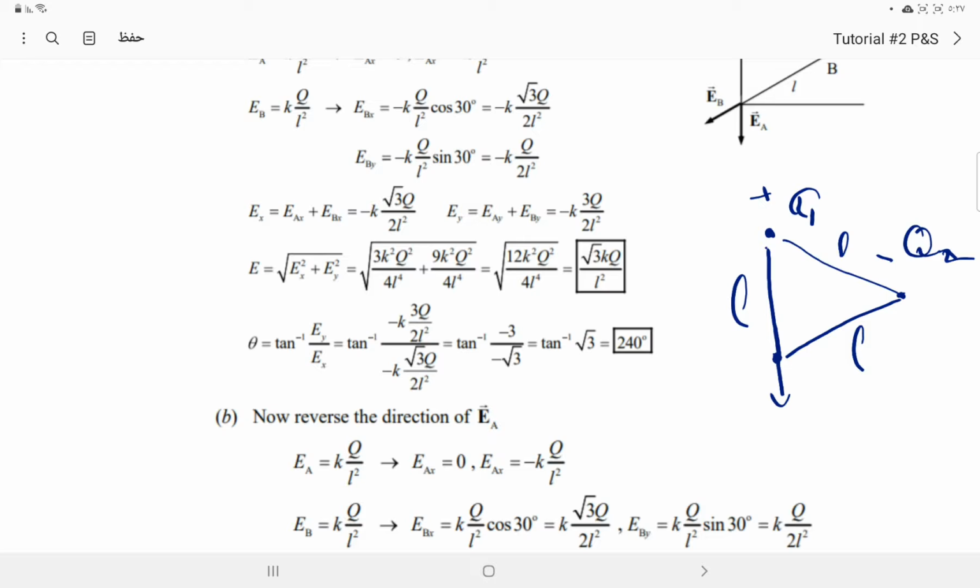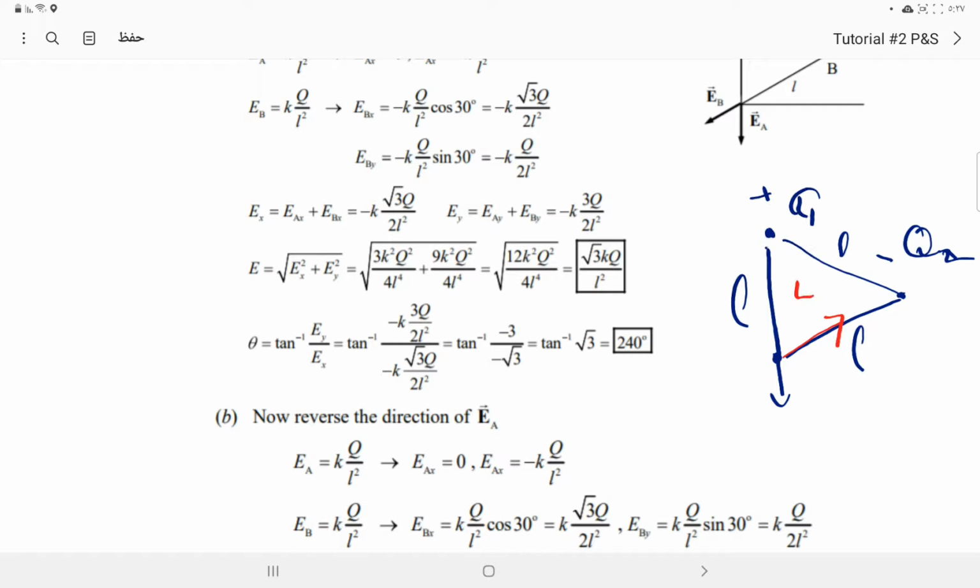So this is the electric field coming from charge Q1, because this is positive and this is the test charge. Usually we are taking this charge as positive. But if it's negative, then the direction of the electric field, which will be in red now, will be to that direction here.